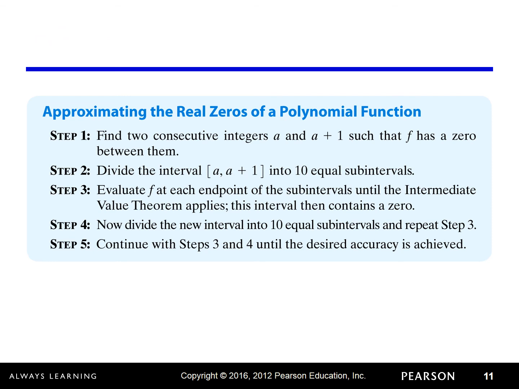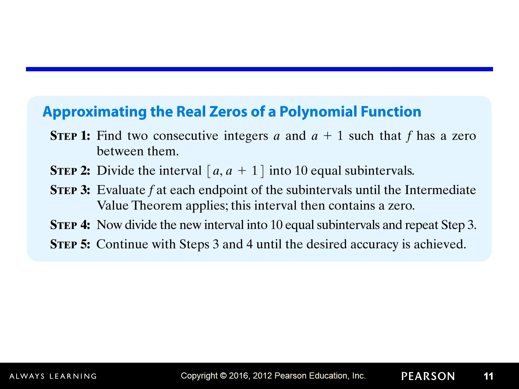Basically the idea is just to continue to find two numbers closer and closer together, such that you get a negative and a positive, just the way we did when we were showing that f had a 0 between 1 and 2.